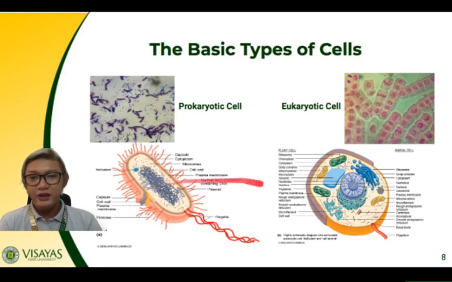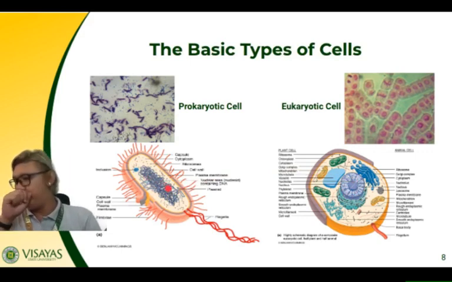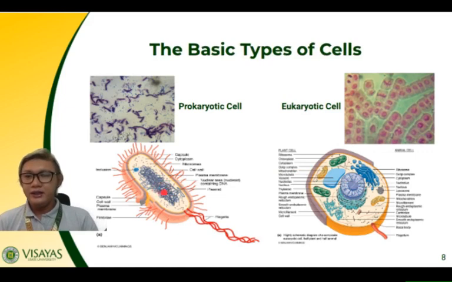Okay? So you have here a distinct nucleus. Here, you don't have a distinct nucleus. Instead, the nuclear material is found in a region of the cell called the nucleoid.